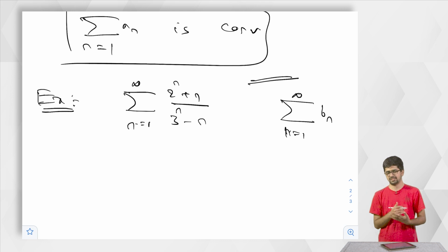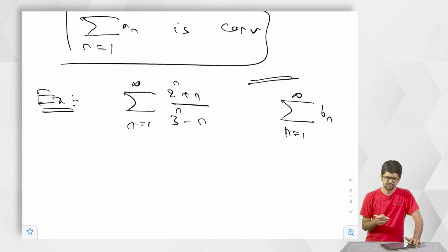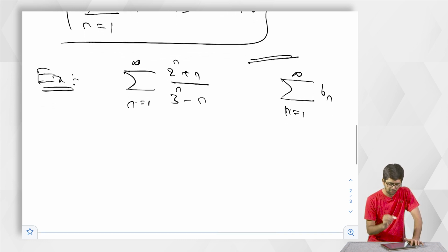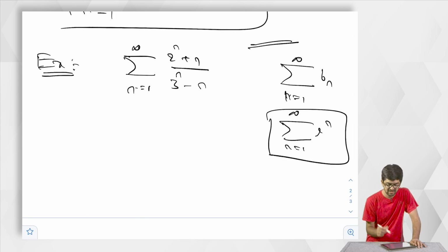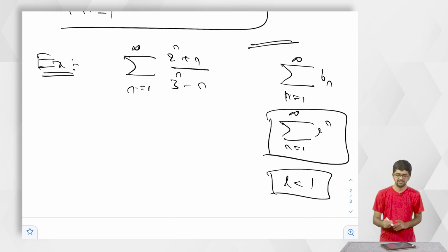Then we know summation 1 by n factorial is convergent. Then we know some few similar series. One of them is the following: summation L power n, n equal to 1 to infinity, is convergent whenever L is less than 1. What is the relevance here?